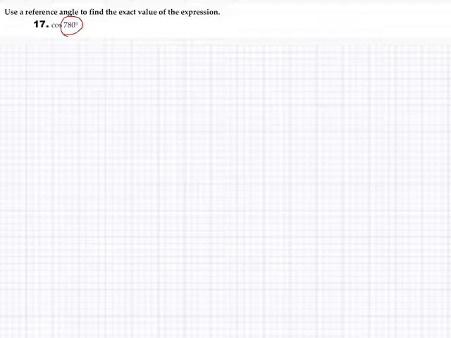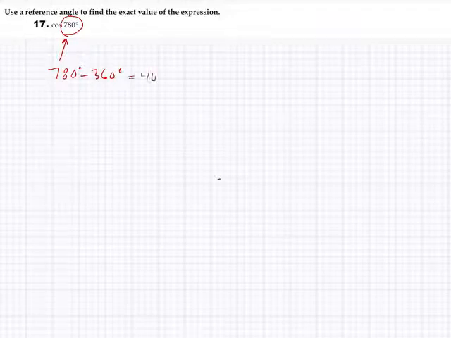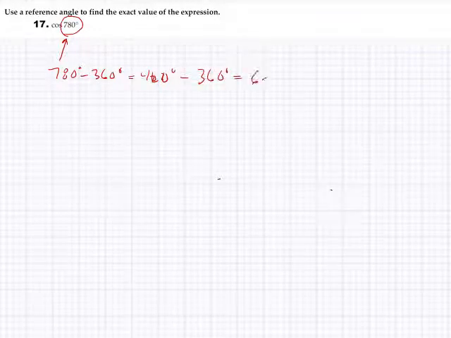So here we want to use a reference angle to find this expression. The key is to figure out 780 and what angle it's related to. Well, it's coterminal to one of our special angles. So if we look at this, we take 780 and we subtract 360 from it. We're going to get 420. Then if we subtract 360 again, you're going to get 60.